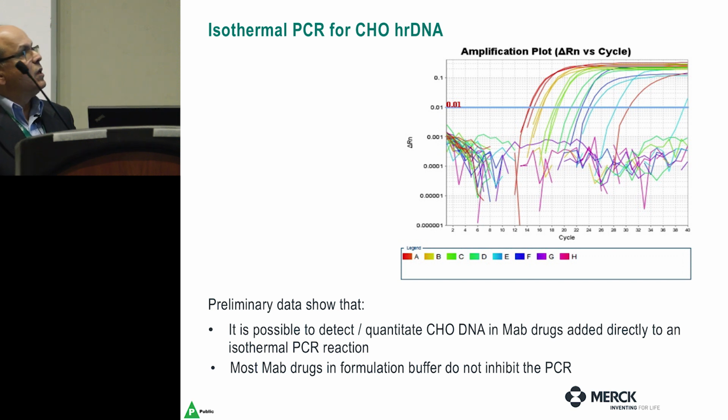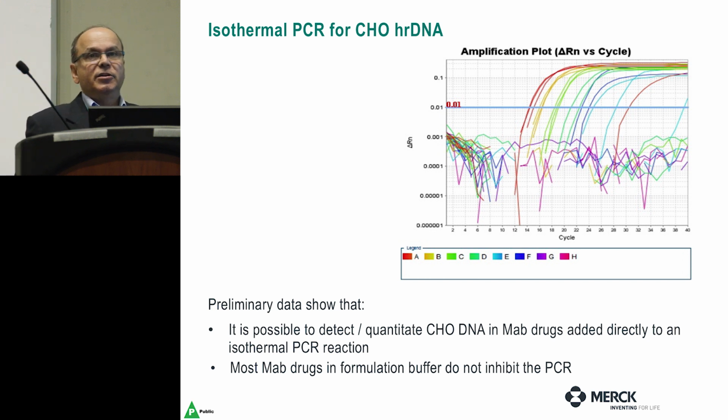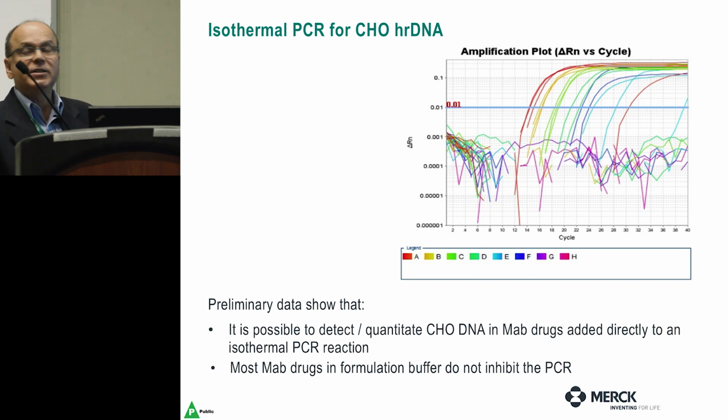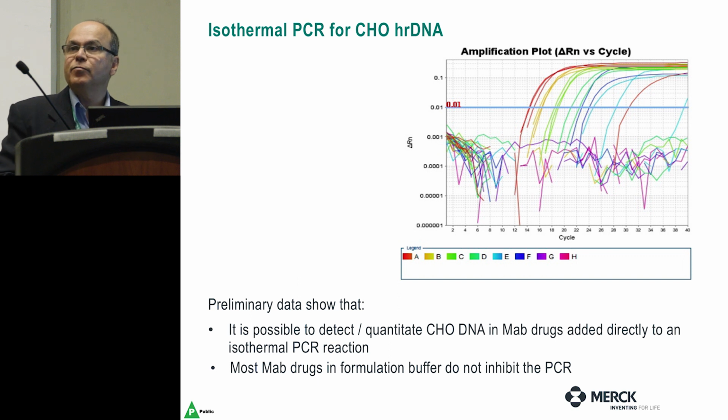So this shows a typical amplification plot of standards alone and standards added to the drug, with a little bit of the drug added to the qPCR and subjected to this isothermal PCR, and we are able to generate this kind of amplification plots.